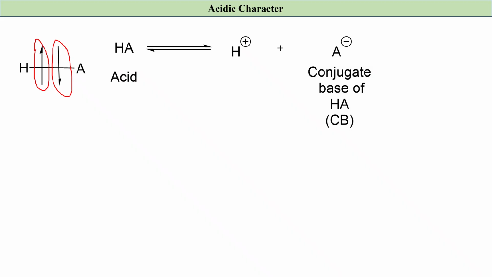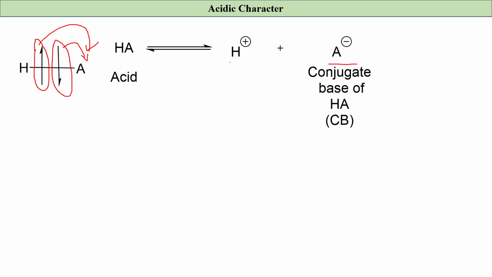Now suppose A takes its own electron and also takes the hydrogen's electron. Then A is taking its own electron as well as the electron of hydrogen. As a result, this hydrogen is losing its own electron, so H plus is generated. Since A minus is gaining one extra electron, A minus is generated. I hope you understood.